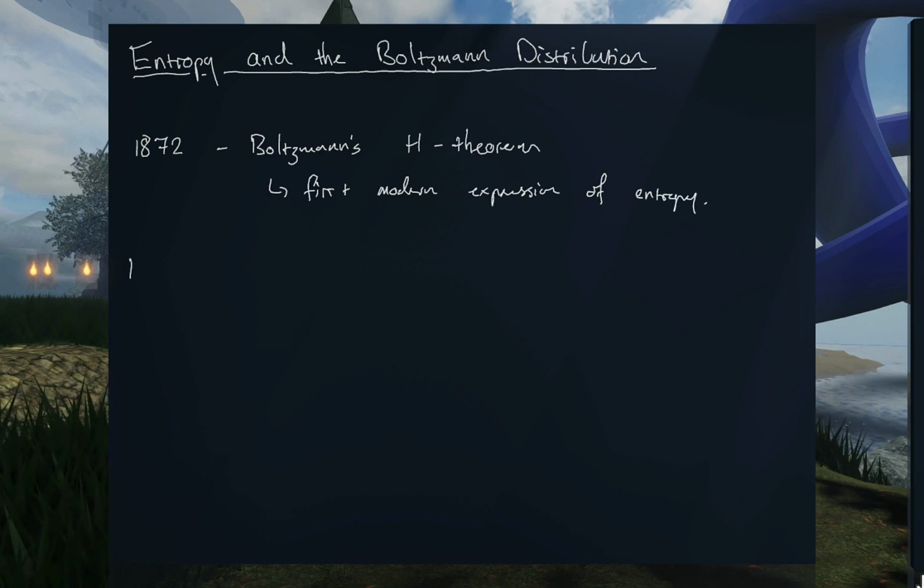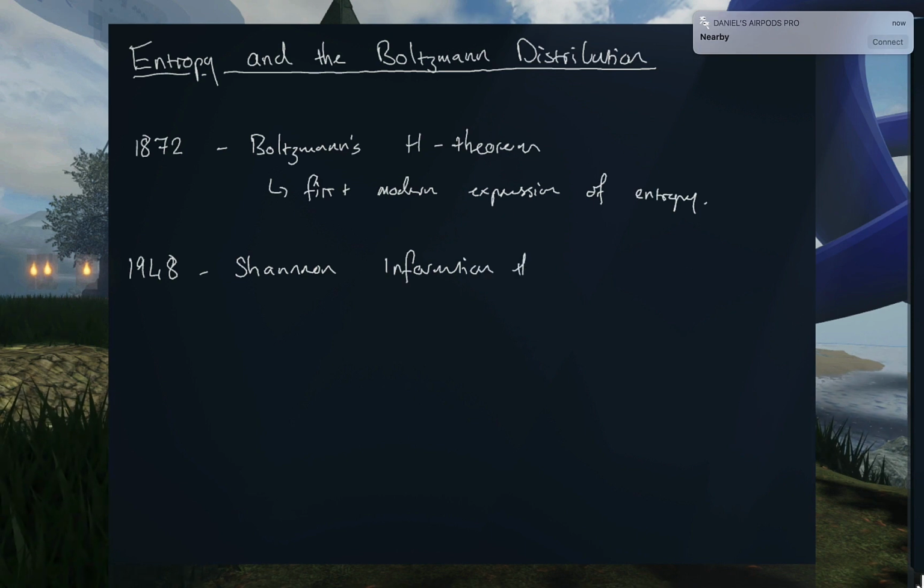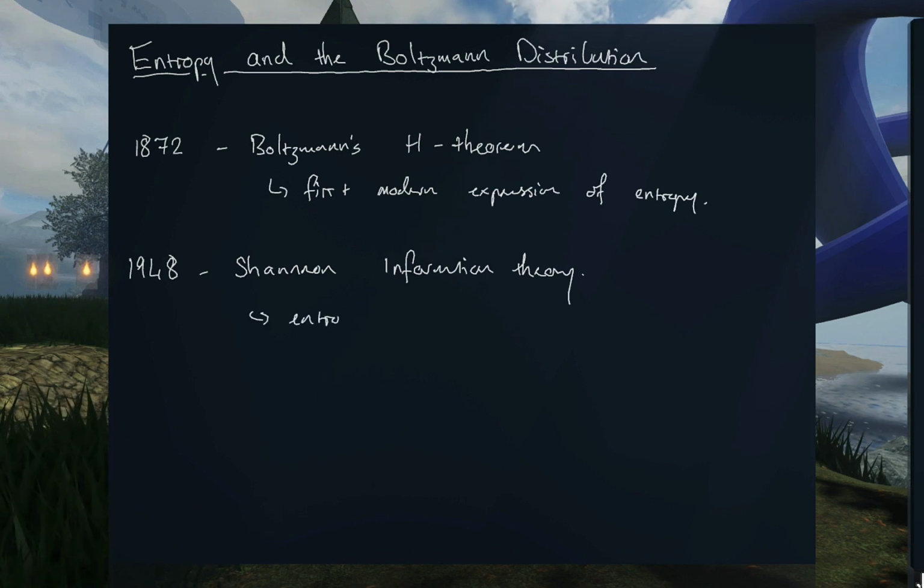Then later, in 1948, Claude Shannon brought entropy to the world of information theory. So in this work, entropy is taken to be a measurement of uncertainty inherent to a probability distribution.